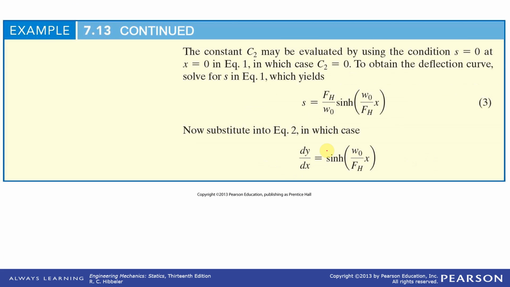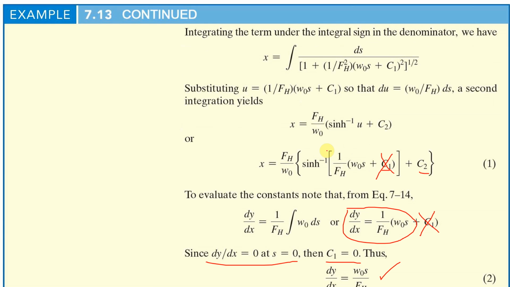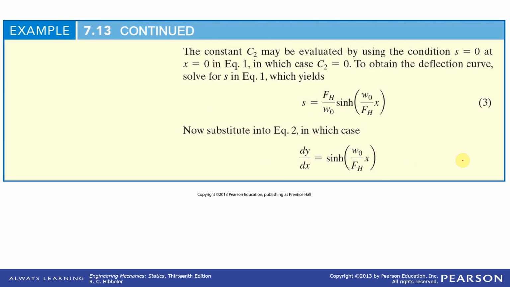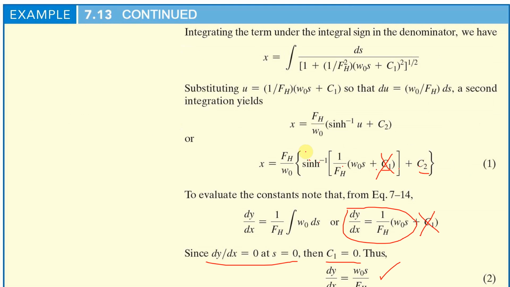Okay. And when s equals 0, x also has to equal 0. So we notice the second constant of integration, where's x? There it is. x has to equal 0 when s equals 0.